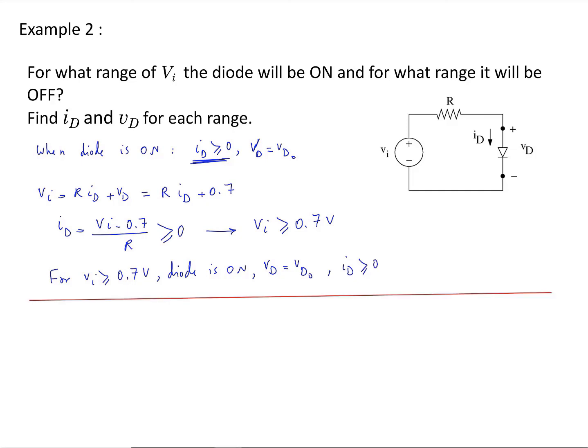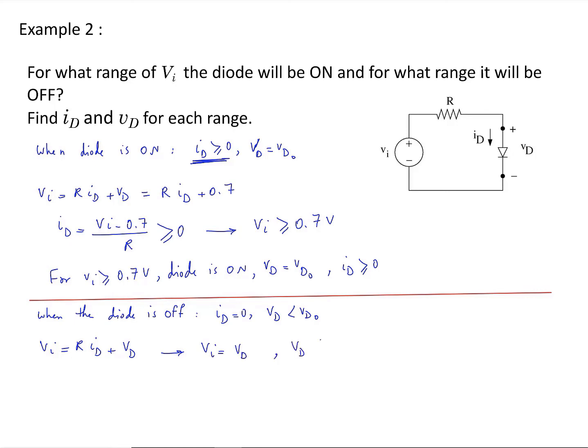Let's solve it for the second case, that is when the diode is off. So when the diode is off, then ID is going to be equal to 0 and VD is less than VD0. Again, I'm going to write the same KVL. VI is equal to R times ID plus VD, and ID is equal to 0. From there, VI is equal to VD.